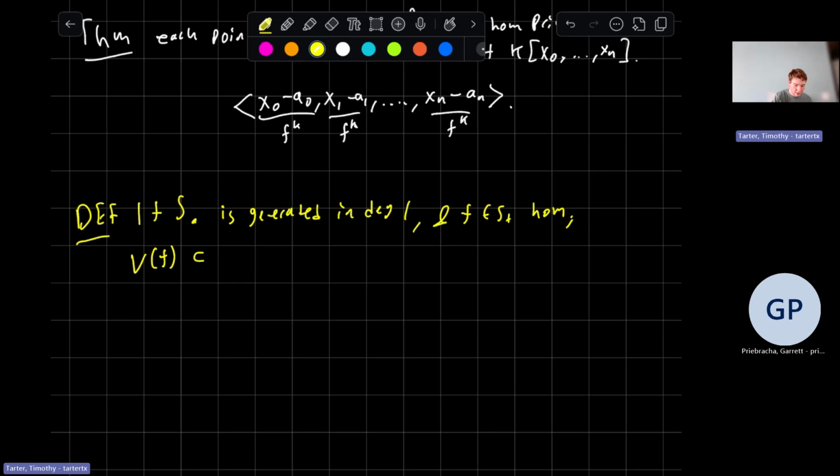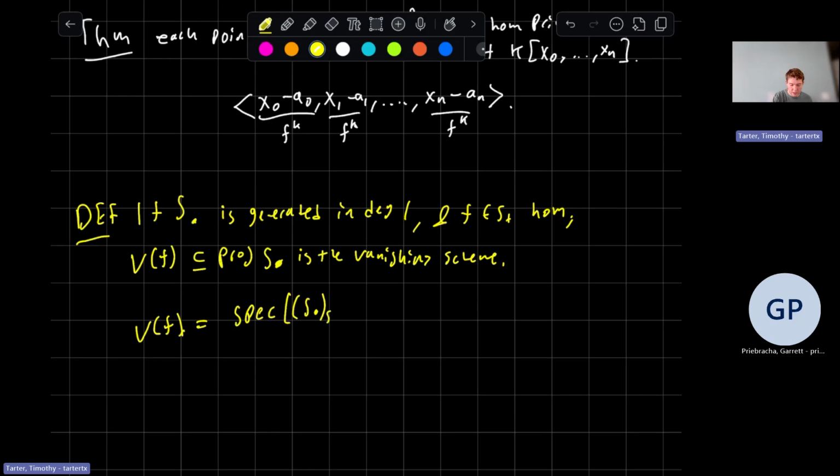V of F in Proj S is the vanishing scheme. Well, V of F is spec of S bullet localized at F at 0.